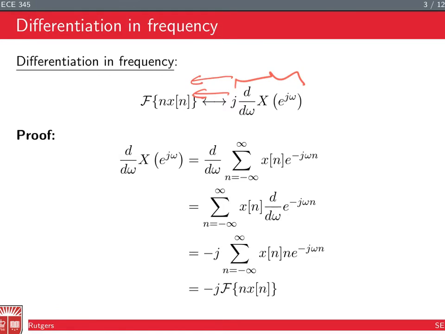And I think in the last lecture in this chapter we will use this property. Now the proof follows immediately from the definition.